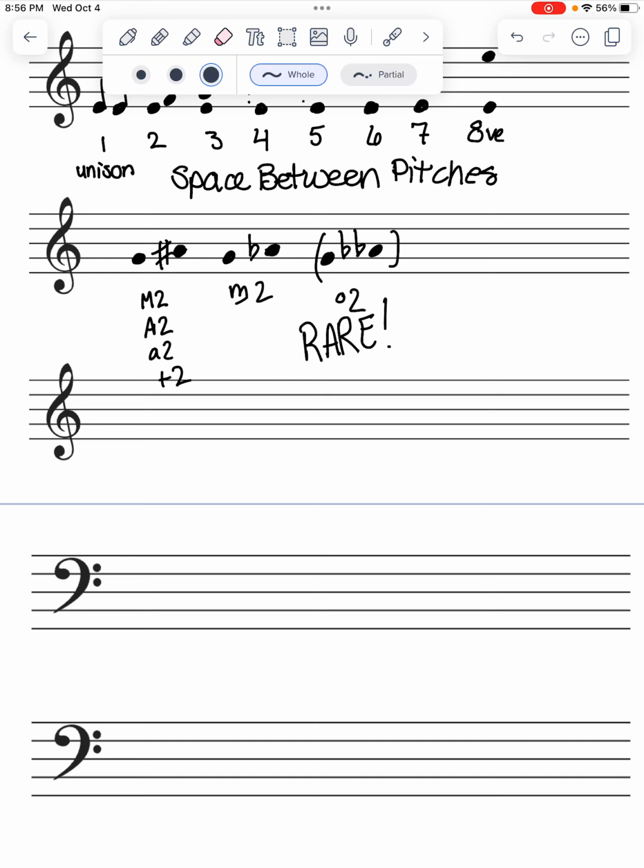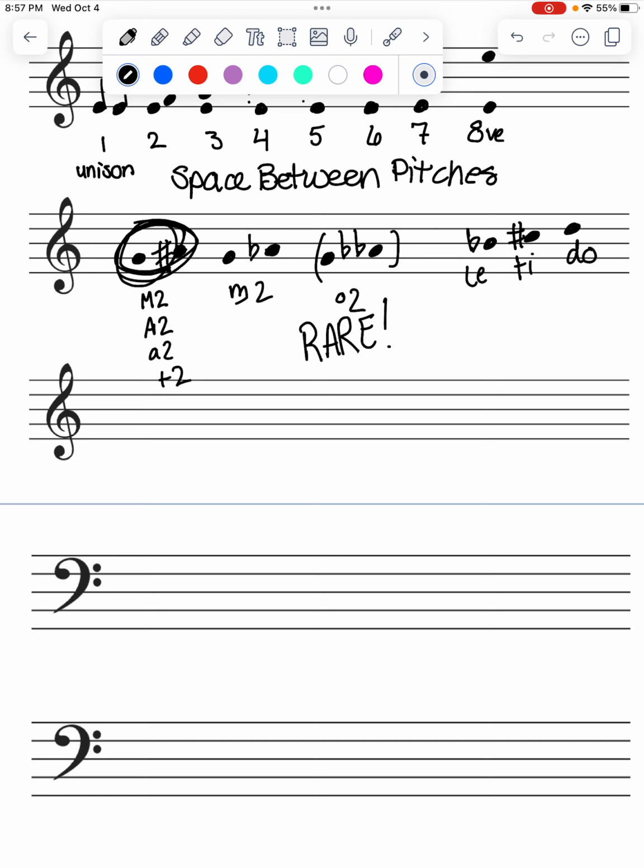Now, does this happen? Yeah, this happens sometimes. You know when it happens? In our harmonic minor scales, right? We see these. You know them. We know these suckers in our la, ti, dos.